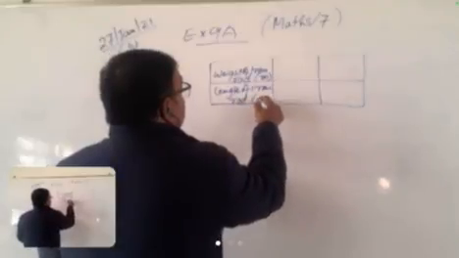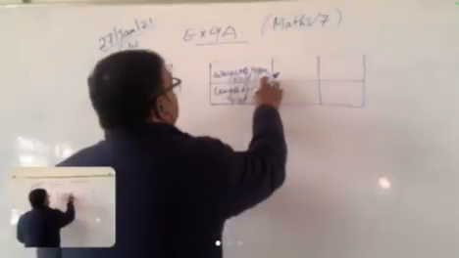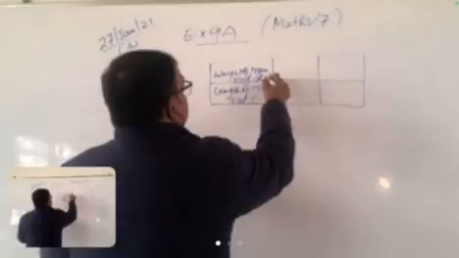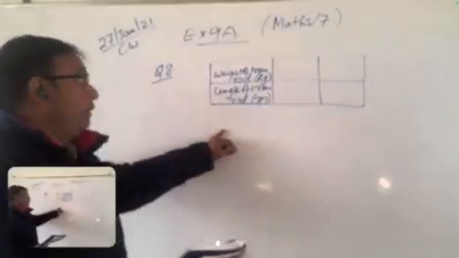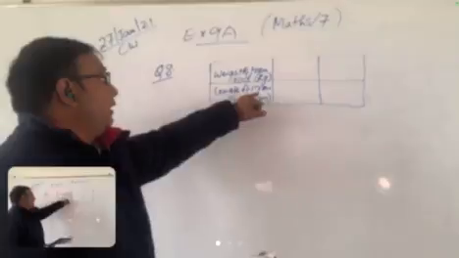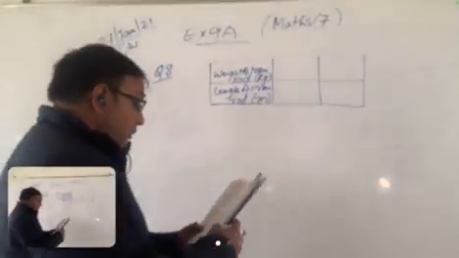This is in weight, is not in meters, sorry. Weight is in kilogram and the length is in meter. Everyone make a table. Now this is visible to everyone. Weight of the iron rod in kg, length of the iron rod in meter. Now put the values.